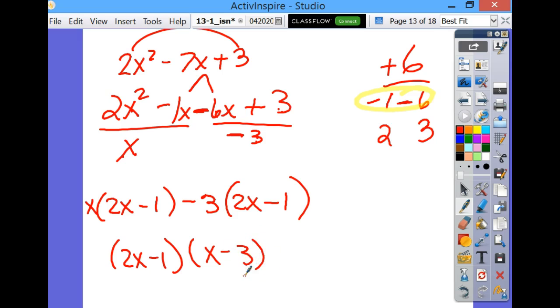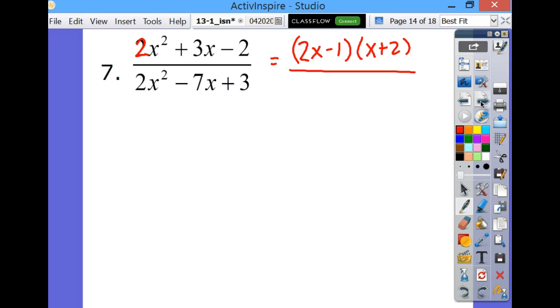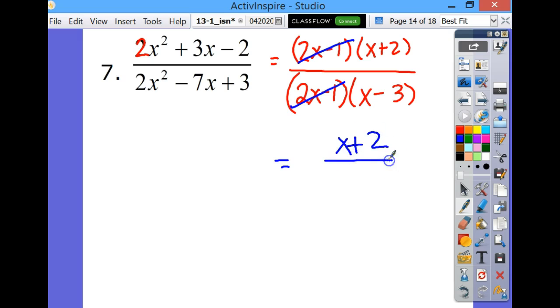That's the second term. 2x minus 1, x minus 3. This is going to cancel. x plus 2 over x minus 3 is left.